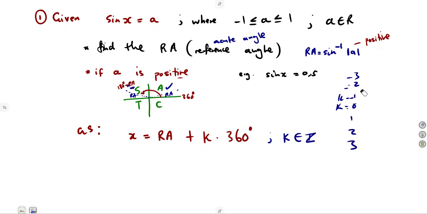You substitute in place of k to obtain exact values. So this is what you're going to have in the first quadrant.